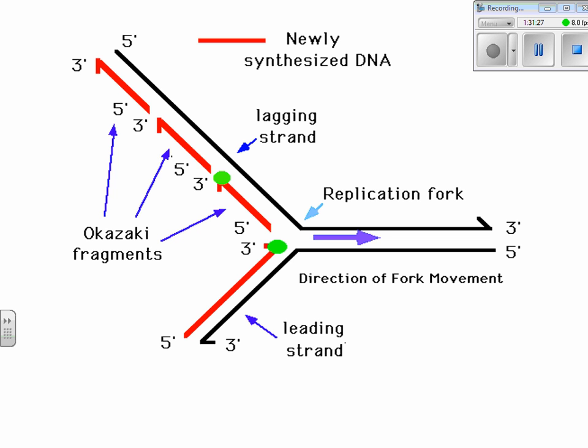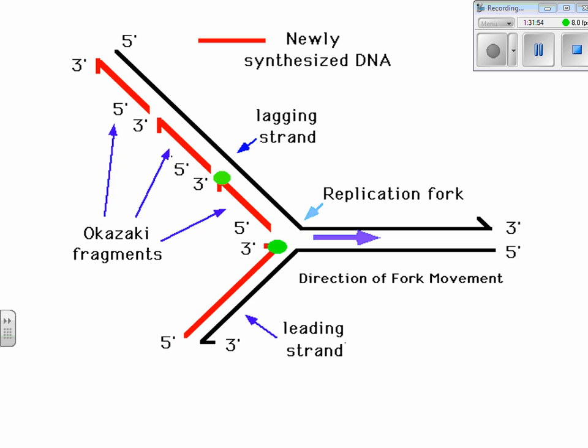And down at the bottom there, the leading strand has just been replicated, just in a straight line. Whereas the lagging strand had to be done in bits. So we had to go from 3 to 5, from 3 to 5, from 3 to 5. And then these little sections are the Okazaki fragments that have to be joined together.